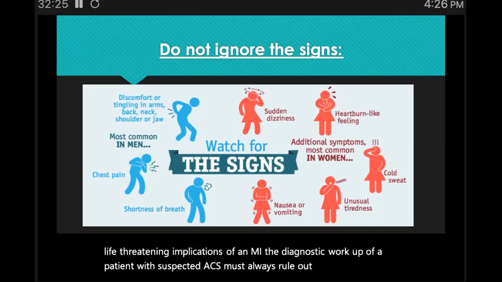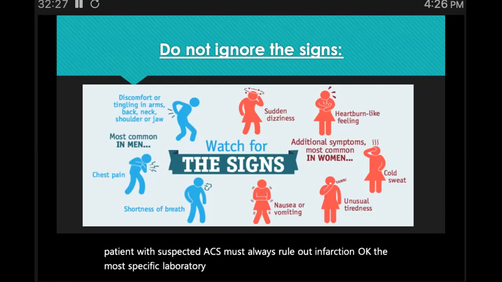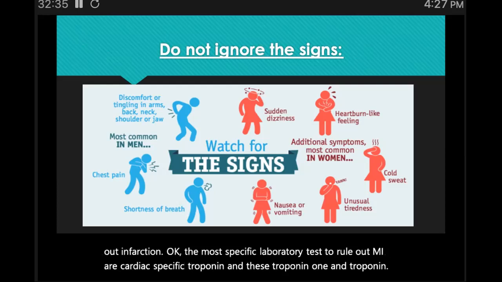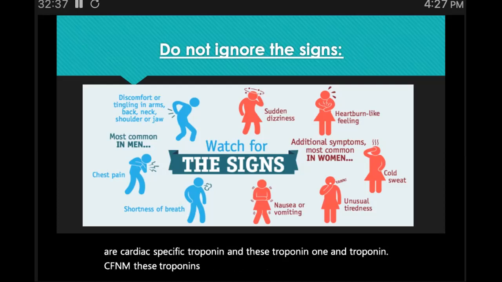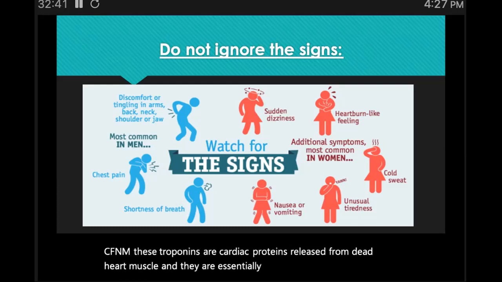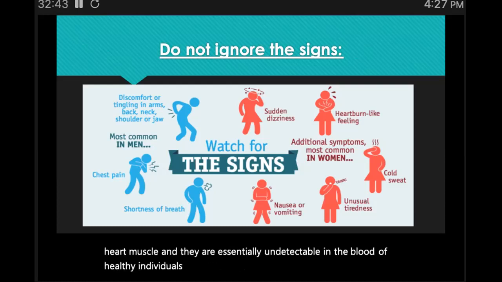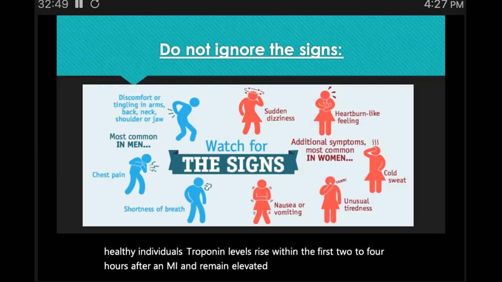The most specific laboratory tests to rule out MI are cardiac-specific troponin, troponin I and troponin T, or cTnT. These troponins are cardiac proteins released from dead heart muscle, and they are essentially undetectable in the blood of healthy individuals. Troponin levels rise within the first 2 to 4 hours after an MI and remain elevated for 7 to 10 days. So just keep that in mind.